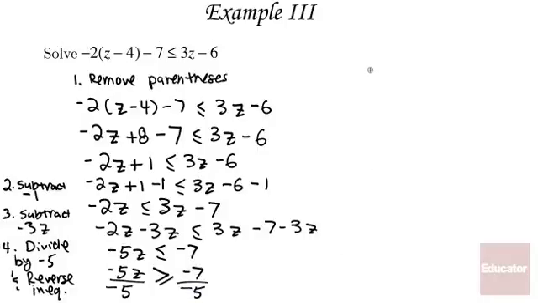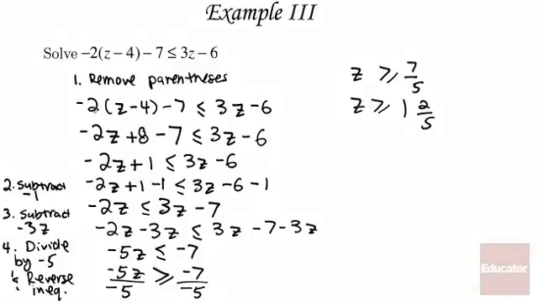Finishing out up here, my negative 5's cancel out, so that's going to give me z is greater than or equal to, this is going to become positive, so greater than or equal to 7/5. Another way of writing that is z is greater than or equal to 1 2/5. So my solution set is that z is greater than or equal to 1 2/5.